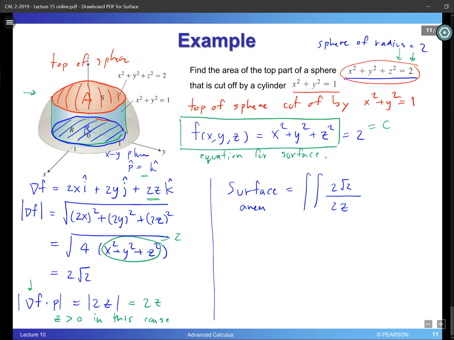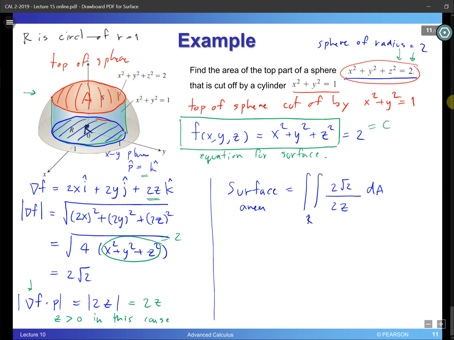We have to perform this double integration over the domain region R. And as you can see here, this R is a circle of radius equal to 1.